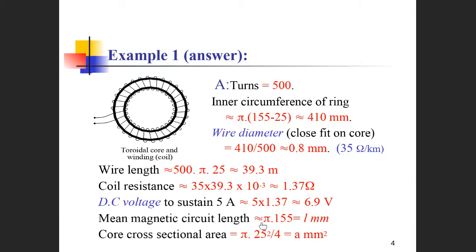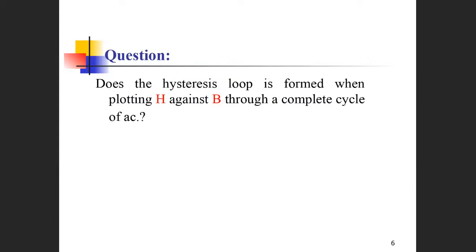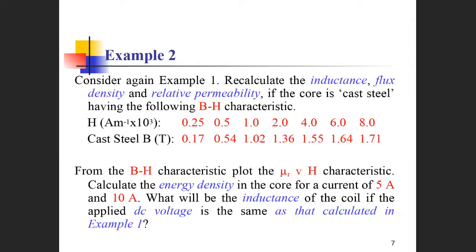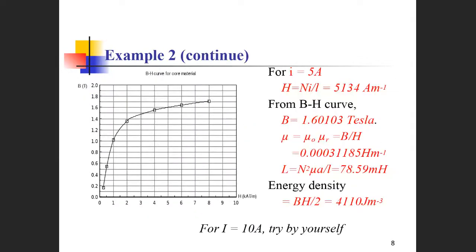Using this L, not using this one. So using pi times 155, this is 500 turns, this is 5 amperes, example 1.